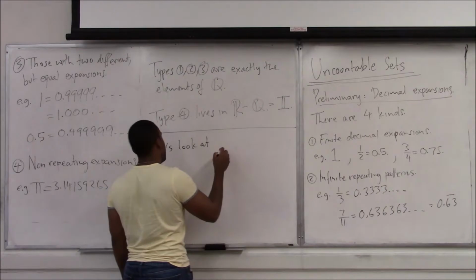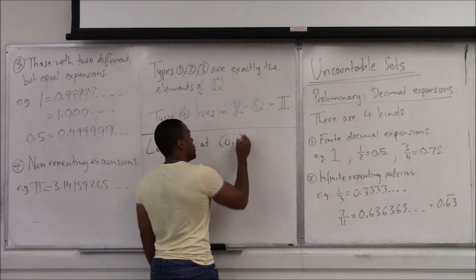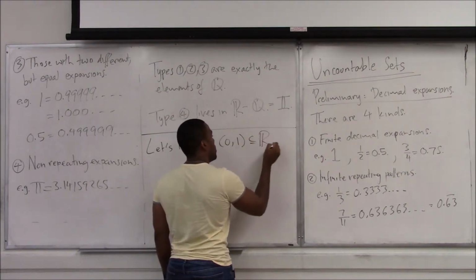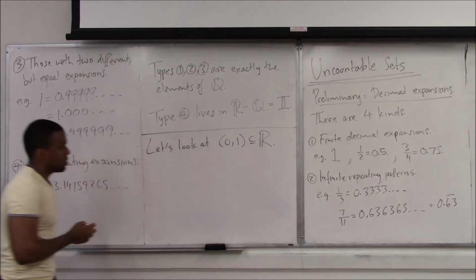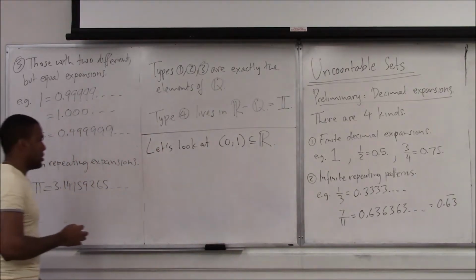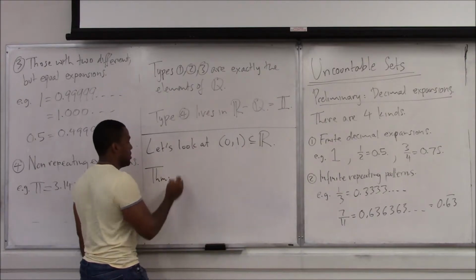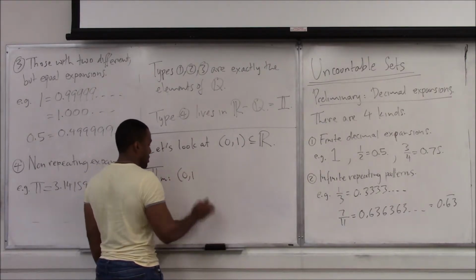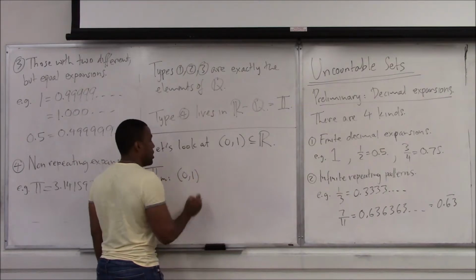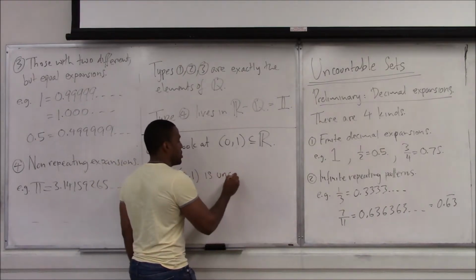Let's look at the interval 0, 1. Here, 0, 1 is uncountable.